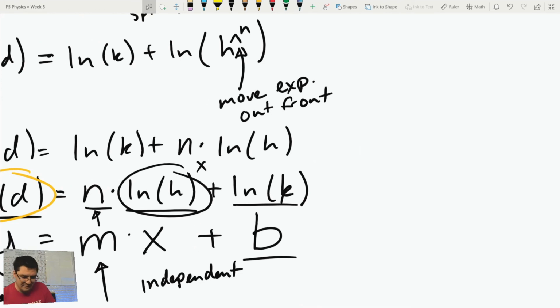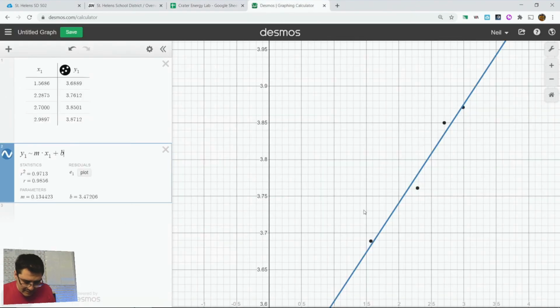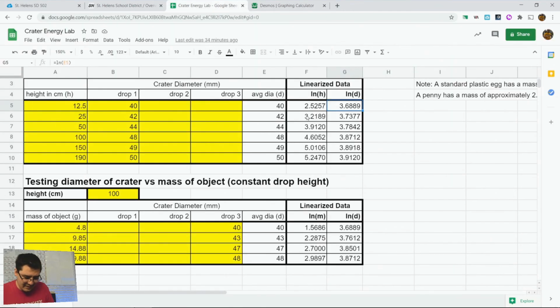So I can go to Desmos, see if I've got it open still. Yeah, I do. Here you go. Now this one was with mass, but I can go copy this again. Here was my natural log of height and my natural log of diameter. That's my x variable, that's my y variable, independent and dependent.